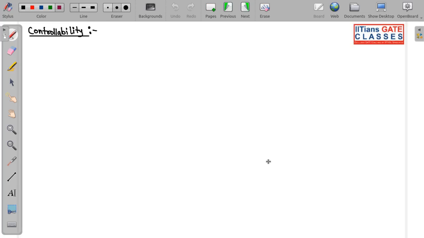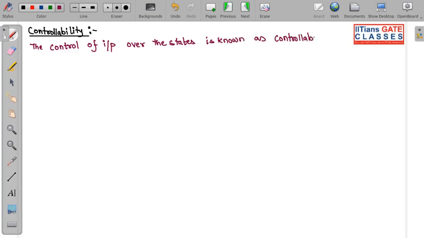Controllability basically defines the control of input over the states. So what I told, the control of input over the states is known as controllability.